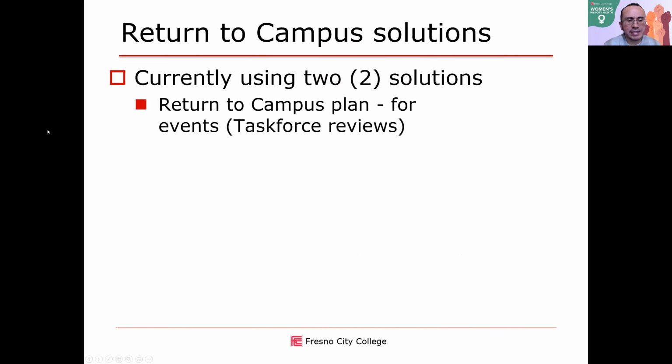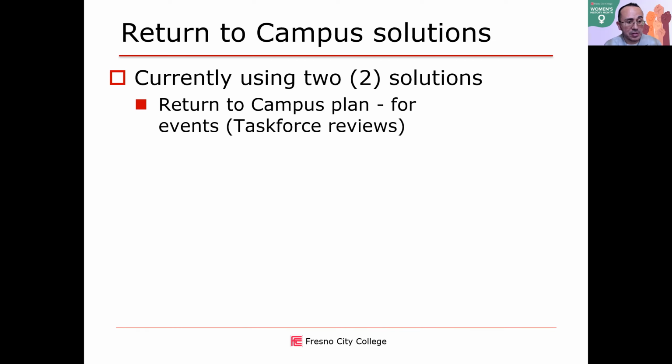All right, so I did want to tell you that there's two solutions that we have in place here at Fresno City College that deal with returning to campus. One of them has to do with events, or quote unquote large masses of people. We call that the return to campus plan. Those plans are reviewed by a task force and approved, and then move over to our EMS scheduling software as an approved event to hold.